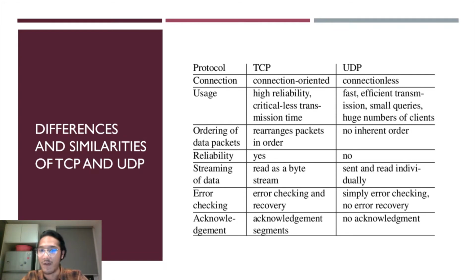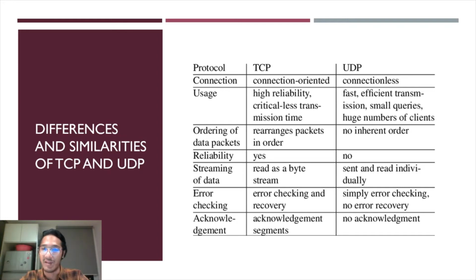And next is usage. For TCP, of course, high reliability, critical less transmission time, and for UDP, fast, efficient transmission, small queries, a huge number of clients. Next, for the ordering of data packets, TCP rearranges packets in order, and for UDP there is no inherent order.